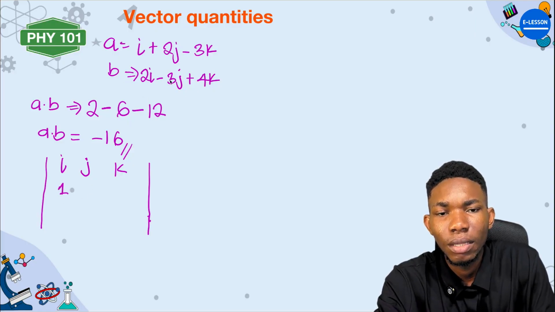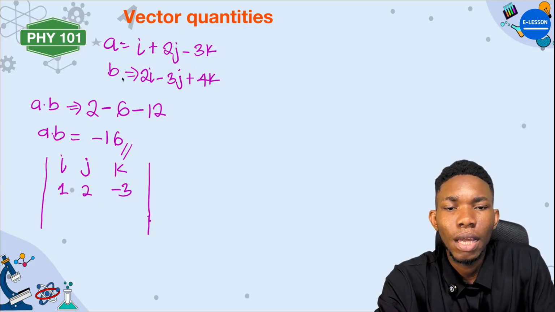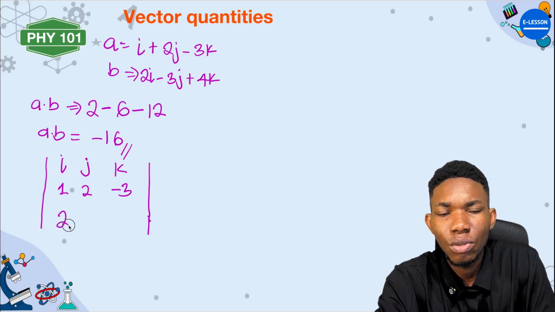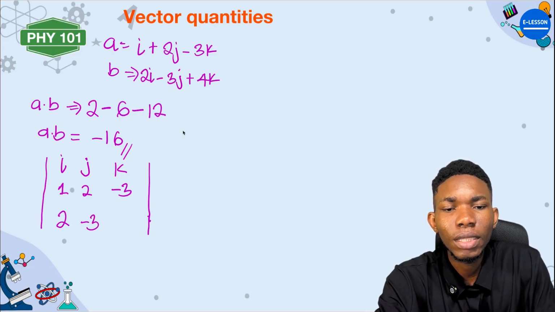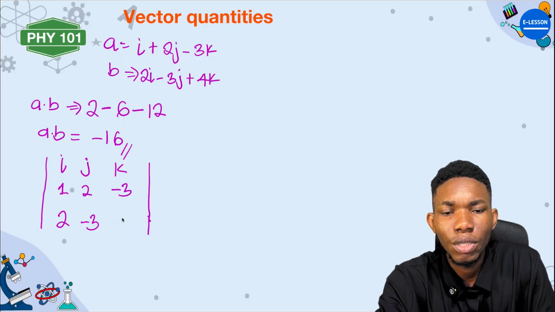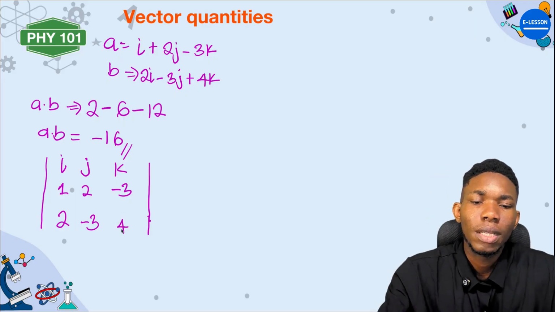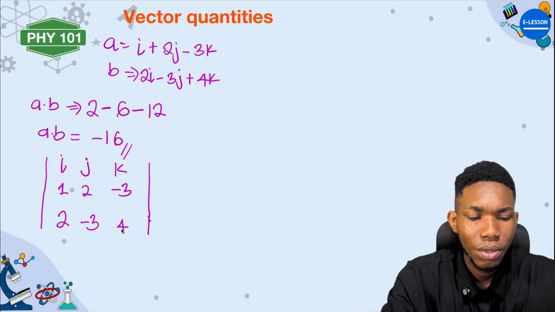Then for j is 2. For k is minus 3. Then for B, i is 2, for j is minus 3, which is this minus 3, and then for k is plus 4, which is 4.